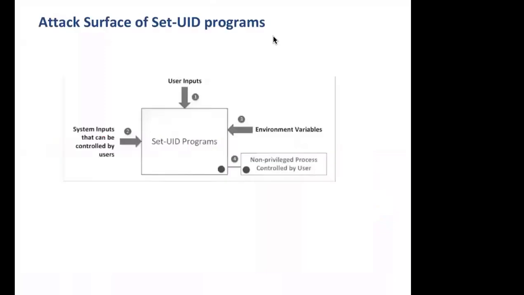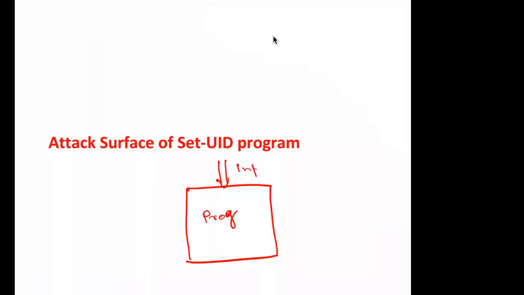Now let's see how we can do an attack. In general, you think of this model that when you are trying to attack any program, the attack could be through input.